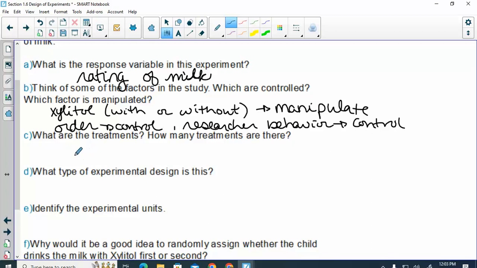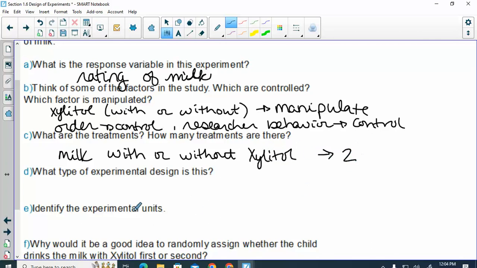Okay, treatments. The treatments are just another way of saying the factors. What am I looking at? It's the milk with or without. So how many treatments are there? Two.